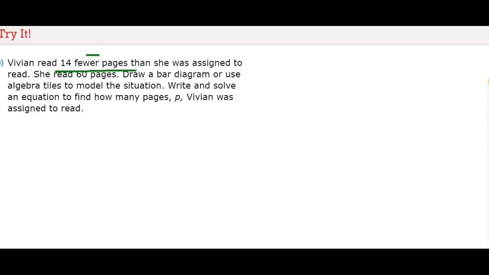Then she was assigned to read, we don't know how many, so that's going to be our unknown. P is our unknown because it says find how many pages P. We're going to be subtracting the 14 pages she read fewer, and the total that she read was 60.